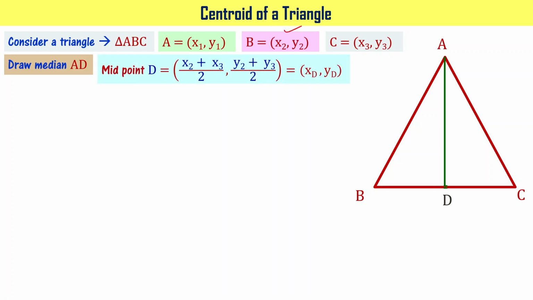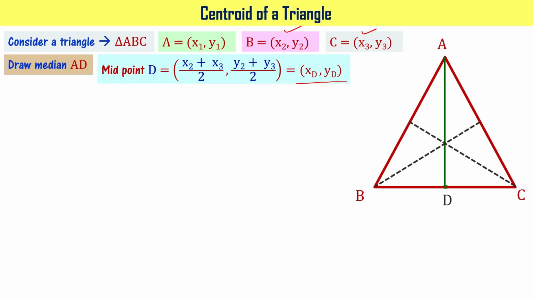B is x2 comma y2 and C is x3 comma y3. When you substitute them into the midpoint formula, you get D equal to x2 plus x3 divided by 2 comma y2 plus y3 divided by 2. I am denoting that as xd comma yd for convenience sake. You don't need to really write it this way.